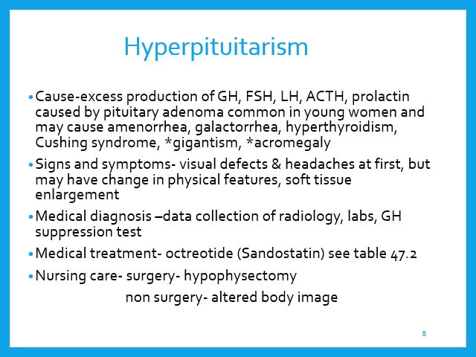Galactorrhea, or secretion, hyperthyroidism, Cushing's Syndrome, and I have gigantism and acromegaly starred there only because I wanted you to know we're going to talk about those specifically and differentially.